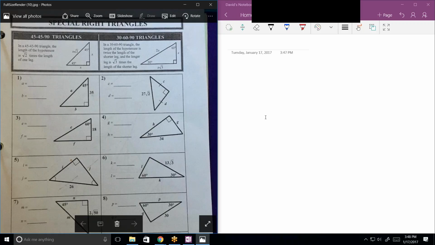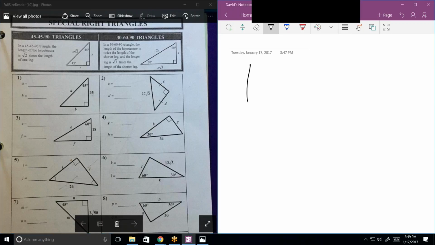By special, I mean you're going to be dealing with these two triangles for the next 3 years, right up through Calc C. The thing you want to remember on these two triangles, and I cannot emphasize this enough, is what the relationships between the sides are.